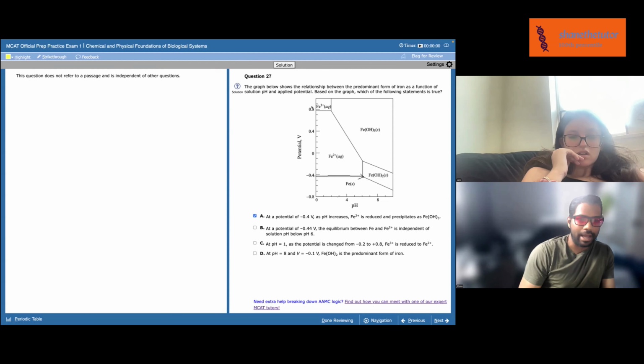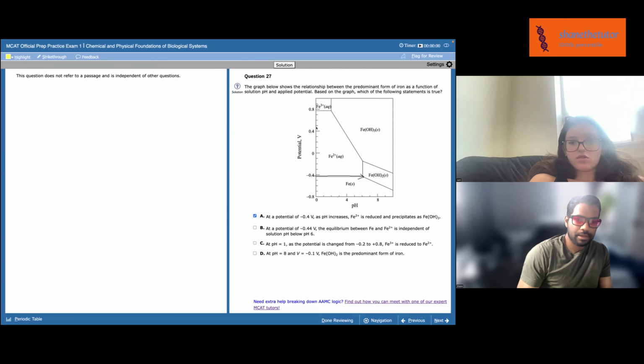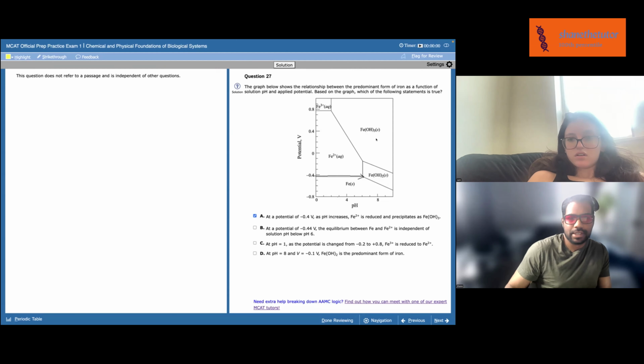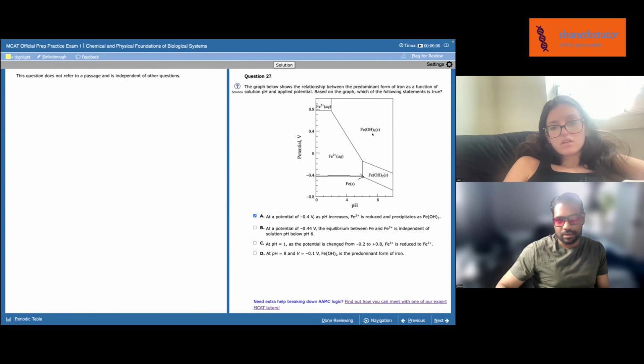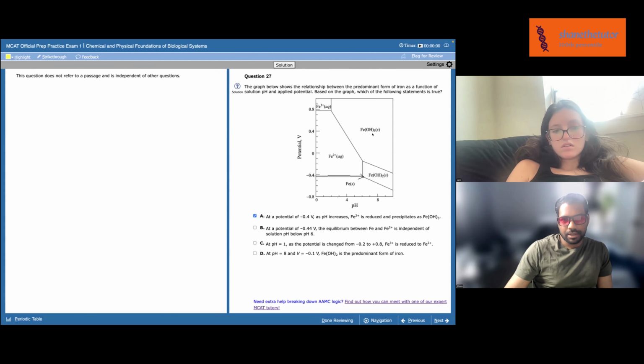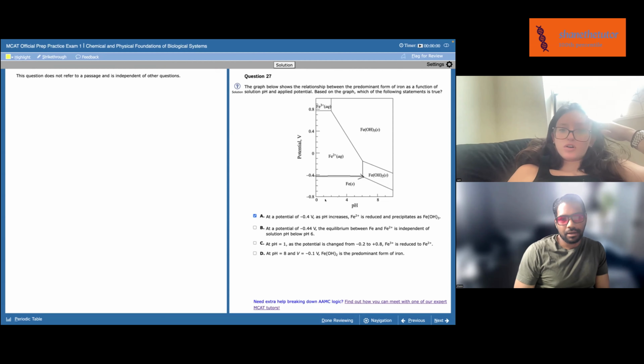If you look at the graph, it doesn't say solution anywhere. It doesn't have to say solution, but what are the axes here? Potential and pH. Okay. So V is voltage.